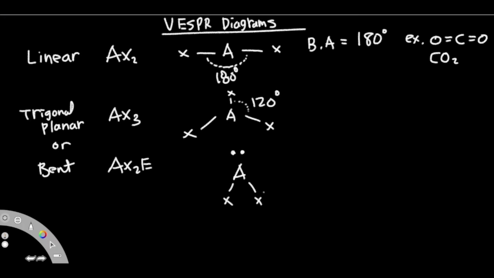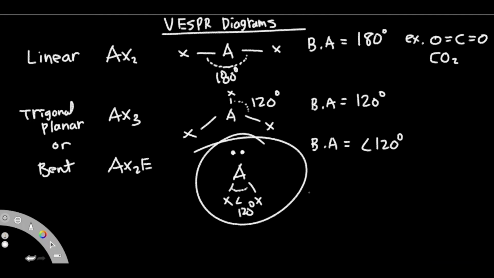It's going to be at a smaller angle now. So rather than 120 degrees, it's going to be less than 120. So let's say, for example, something like this angle over here, this would be less than 120 degrees. So this bond angle here was 120 degrees. This bond angle here is going to be less than 120 degrees. A good example for this one would be BH3.